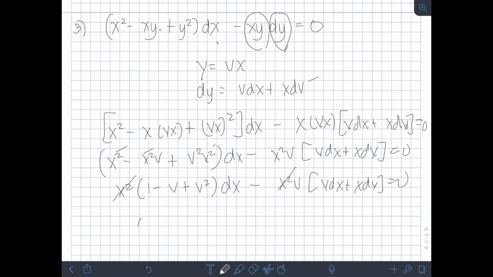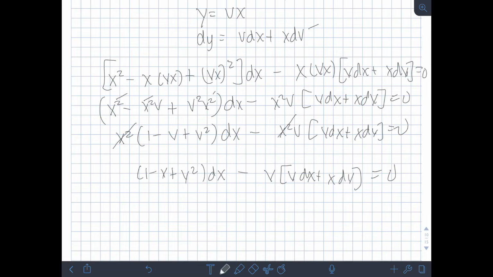So, magiging 1 minus v plus v squared dx minus v times v dx plus x dv equals 0. So, distribute muna natin. Ia-arrange ko lang as v squared minus v plus 1. Inuna ko lang yung v squared. Minus, distribute ko tong v squared dx minus vx dv equals 0.